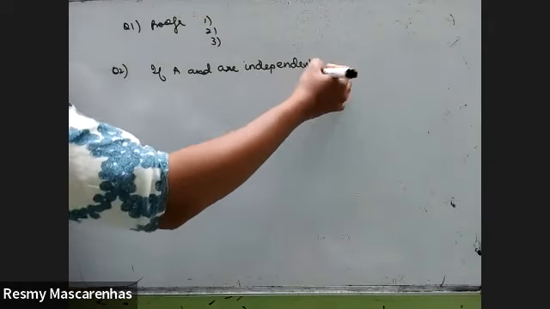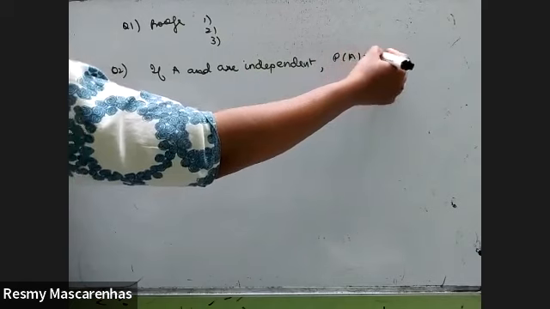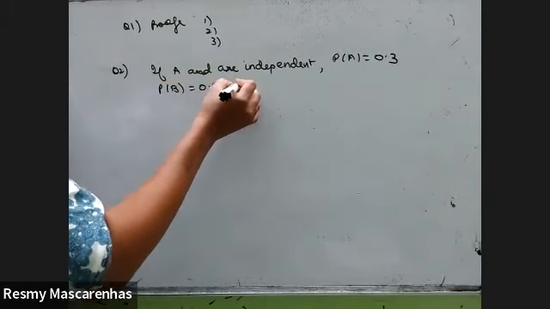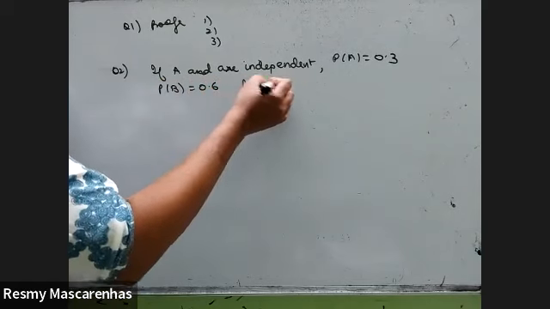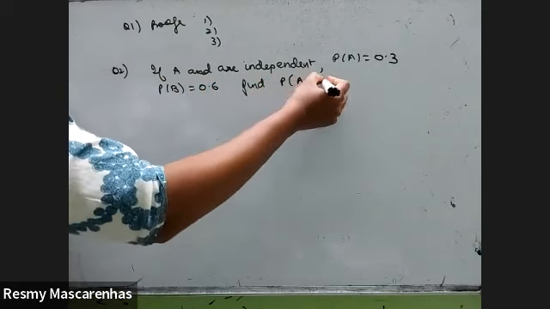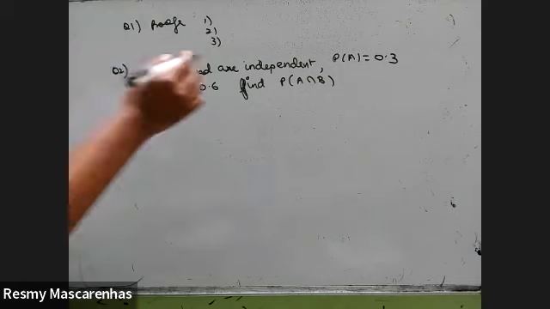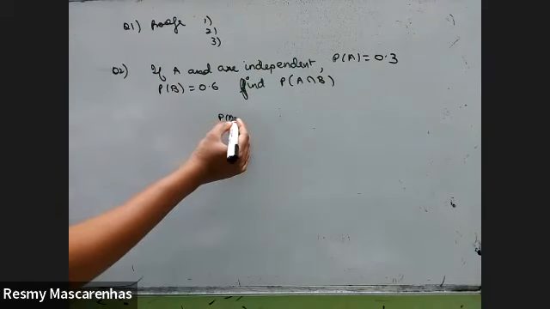If A and B are independent, P of A is 0.3, P of B is 0.6. Find P of A intersection B. So already they will specifically mention that they are independent. If they were not independent, then you have to use this formula.